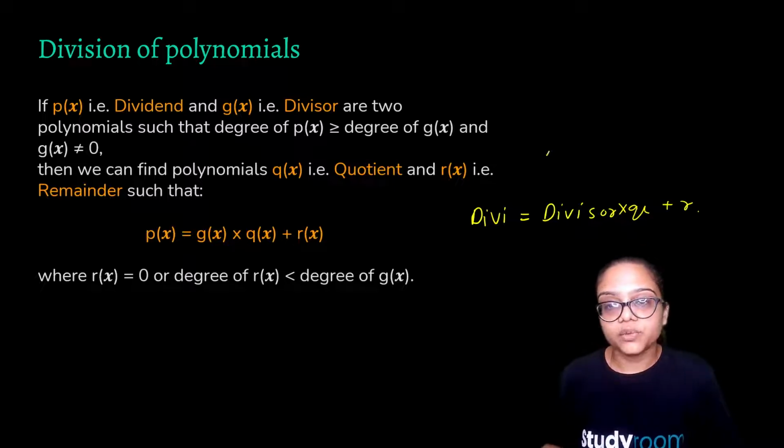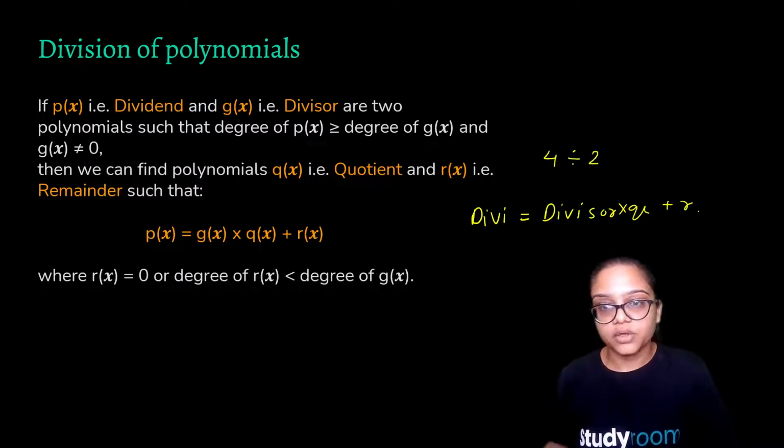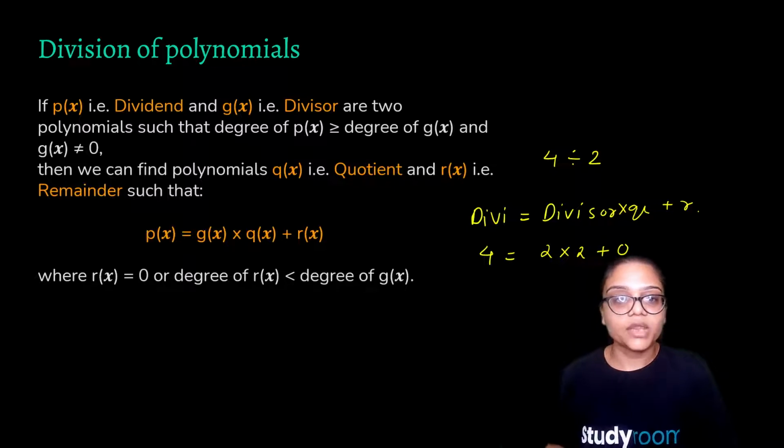So 4 divided by 2: 4 is the dividend, equal to divisor 2 into quotient 2, plus remainder 0. So this is called the remainder theorem.